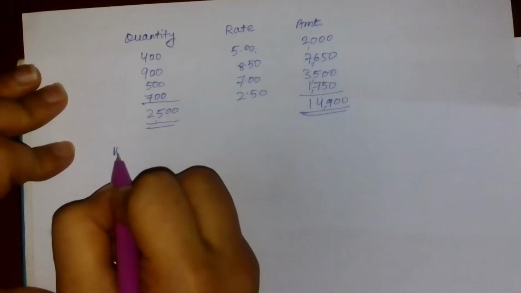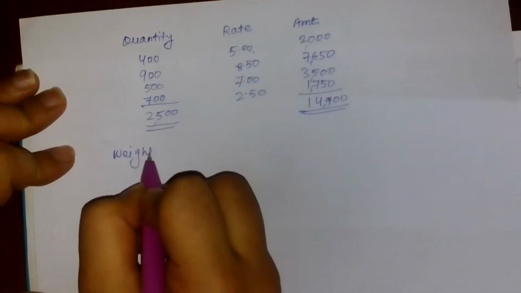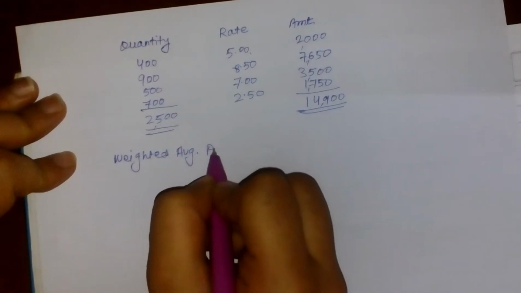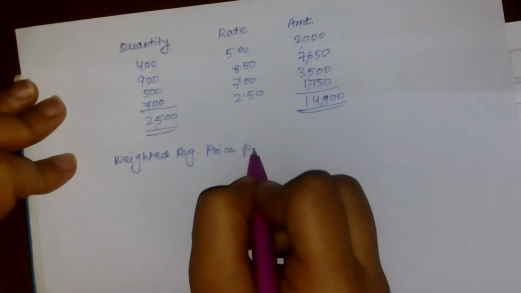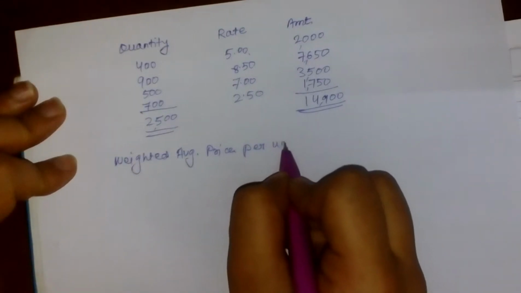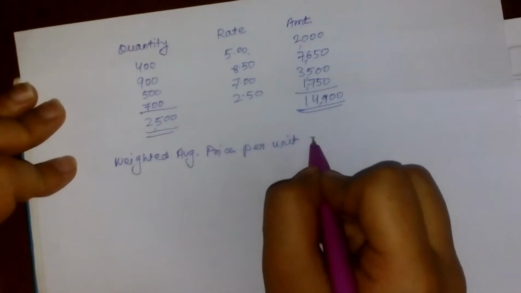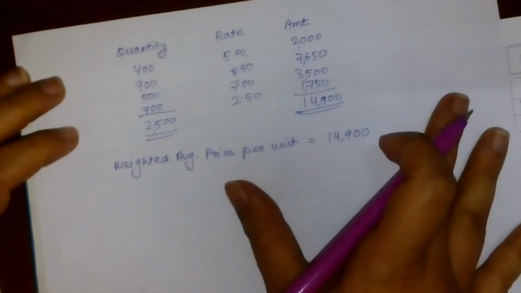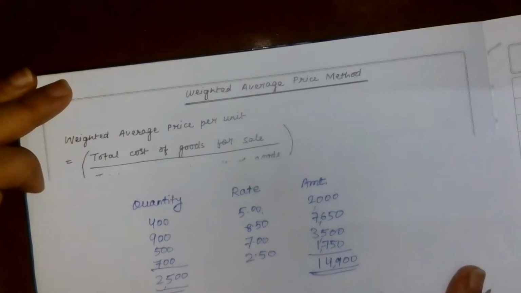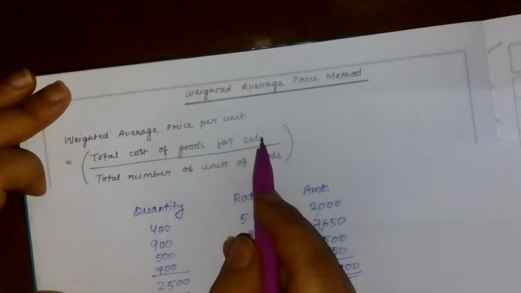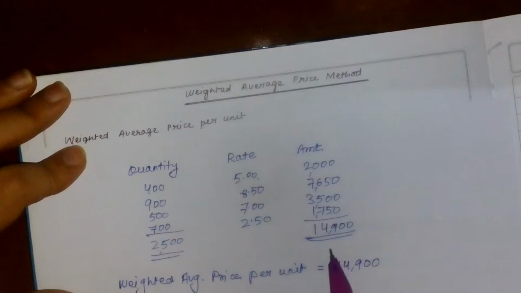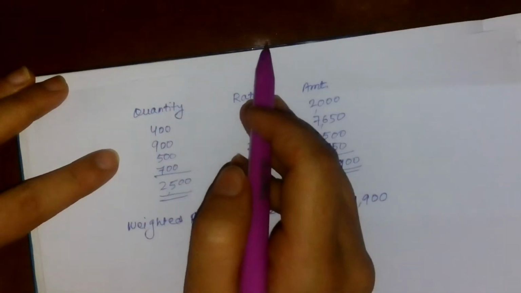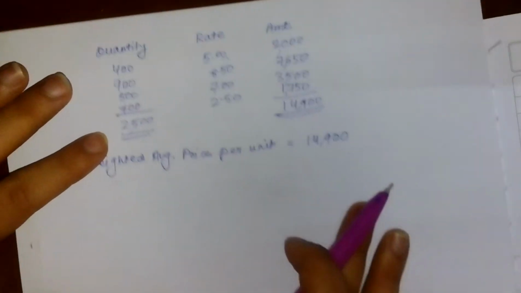Weighted average price per unit is equal to 14,900. As we had seen, total cost of goods for sale upon total number of units of goods, so that is total number of units of goods 2500.